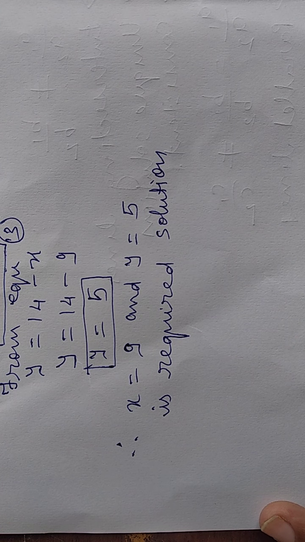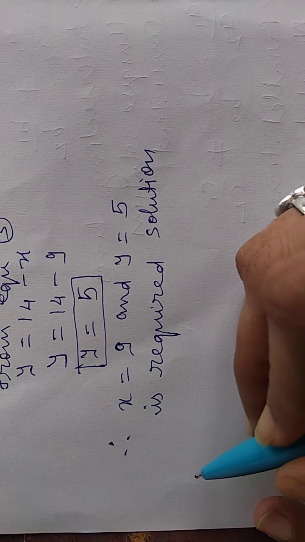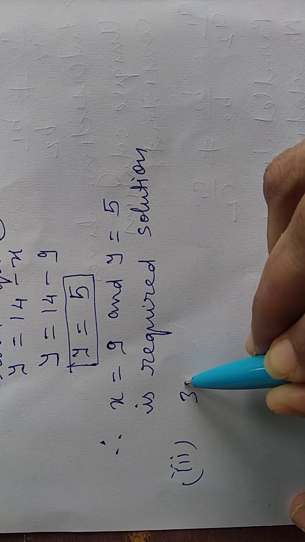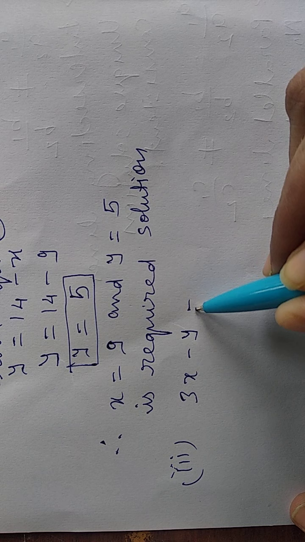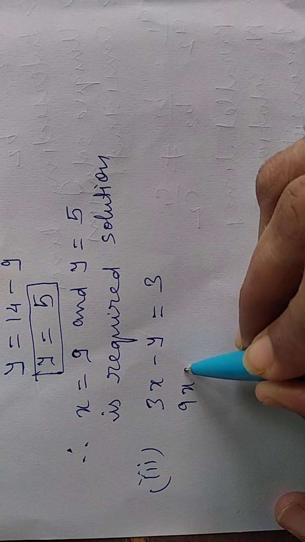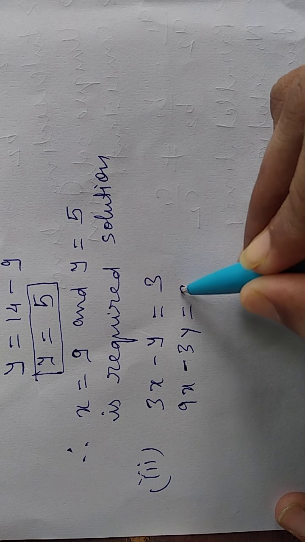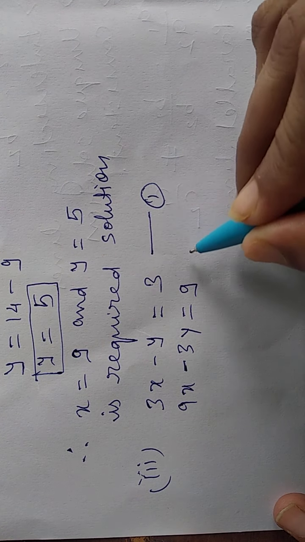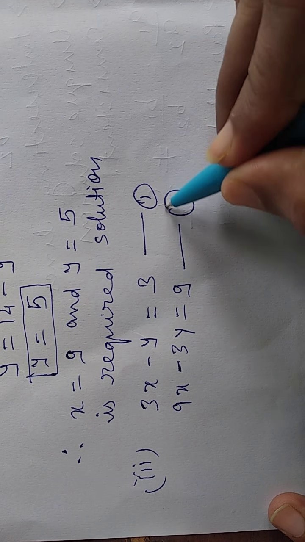Before solving this equation, we should compare values as given in third part of this question. Equation is 3x minus y is equal to 3, 9x minus 3y is equal to 9. This is equation 1 and this is equation 2.